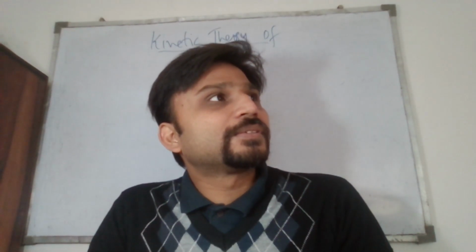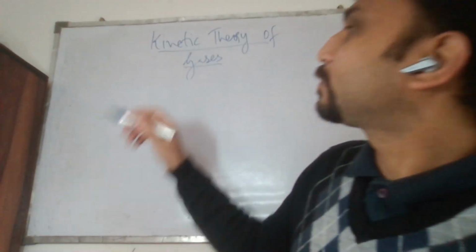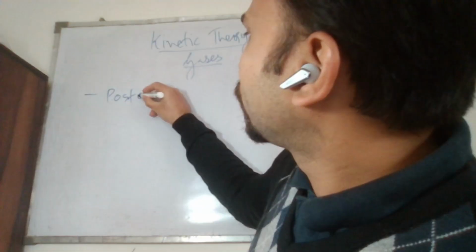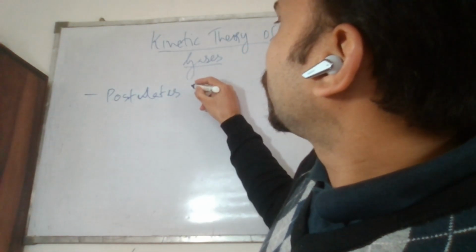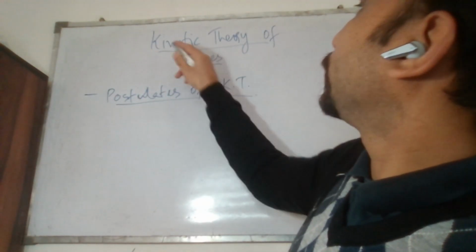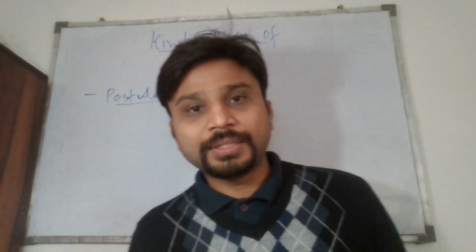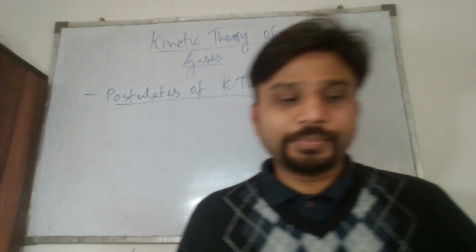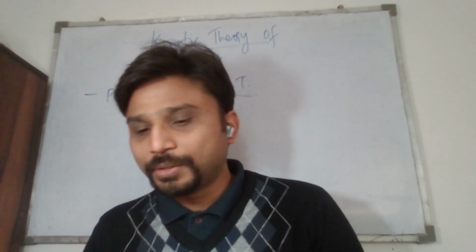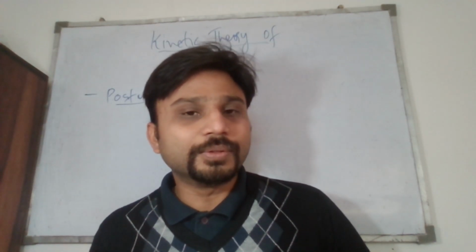So we need some assumptions, or what we call postulates of kinetic theory, kinetic theory of gas. That is what we want to discuss one by one. Mathematically, we are not delving into a lot in this video; we want to discuss what this theory entails.